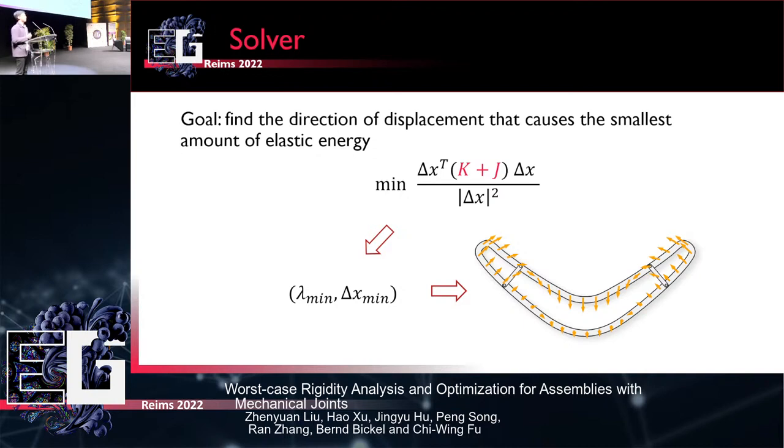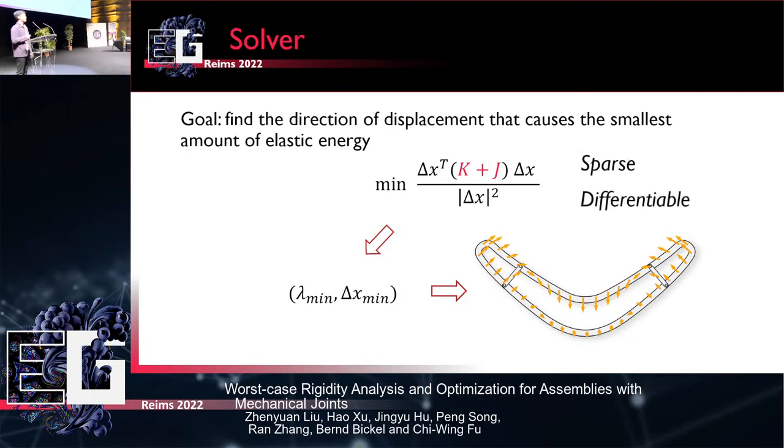In our particular scenario, the smallest eigenvalue is going to be the worst-case rigidity measure according to our definition, and the associated eigenvector is going to be the worst-case deformation. You can see we can just get this worst-case deformation for the boomerang, and that's pretty much how we model the worst-case rigidity and how we solve it using eigenvalue analysis.